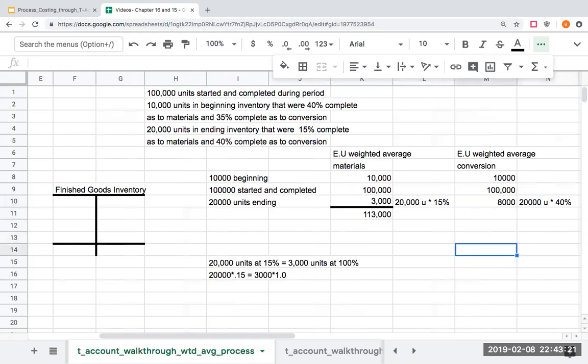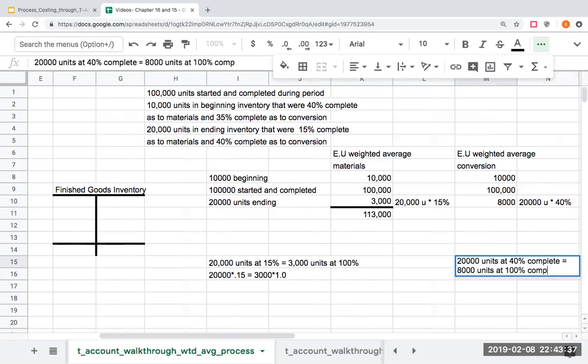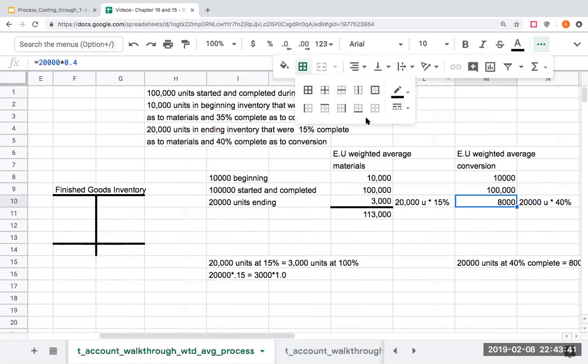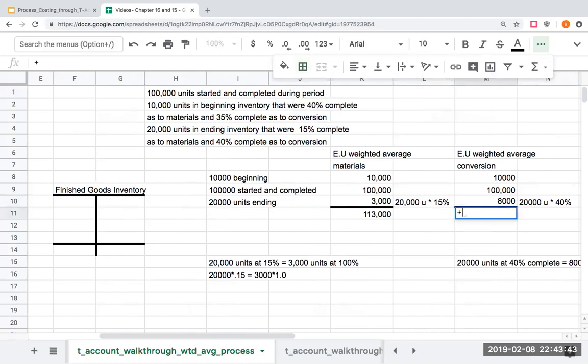And here again, what we're saying is that 20,000 units at 40% is the same thing as saying 8,000 units at 100% complete. So right over here, our total equivalent units for this one particular problem will be 118,000.